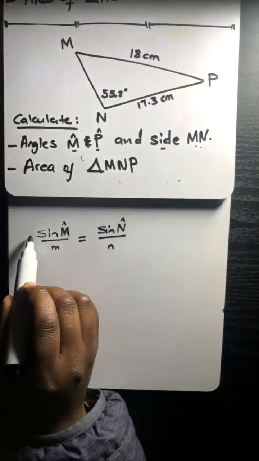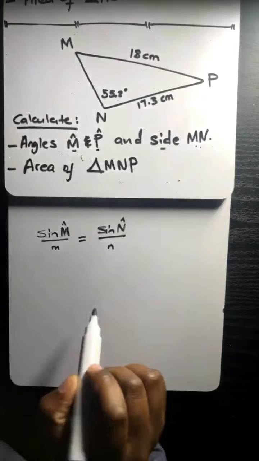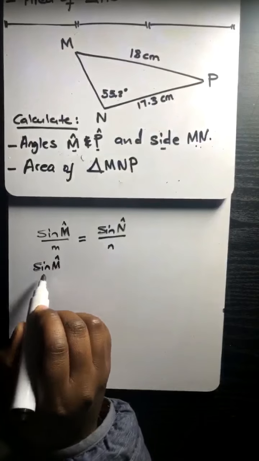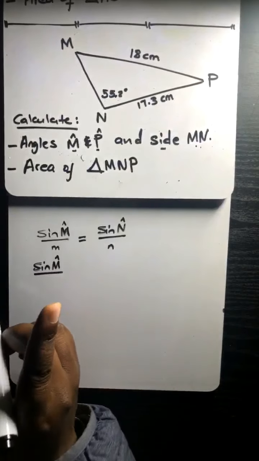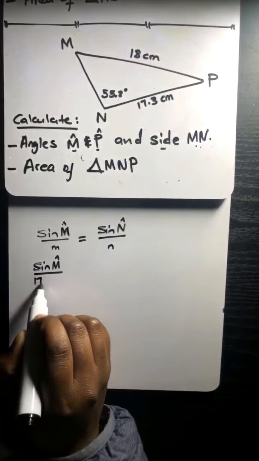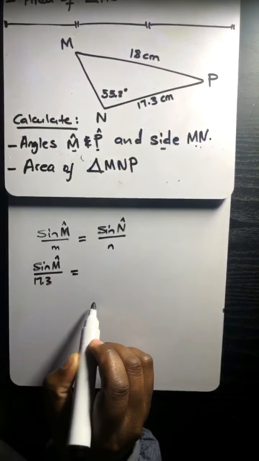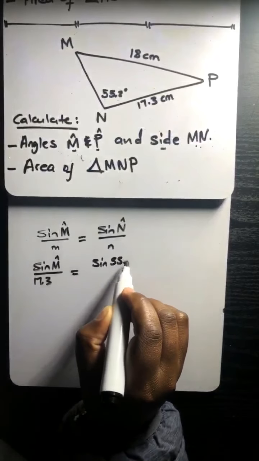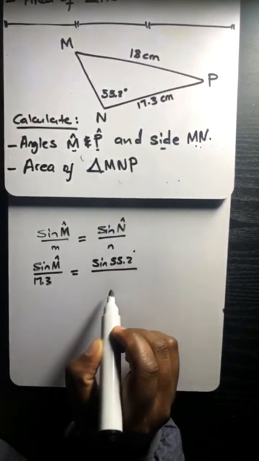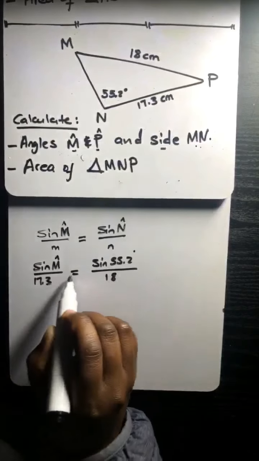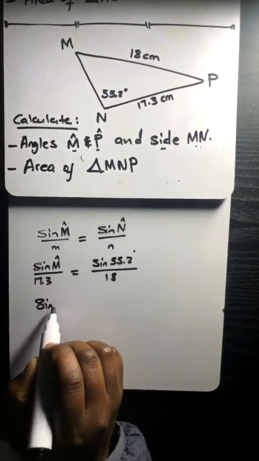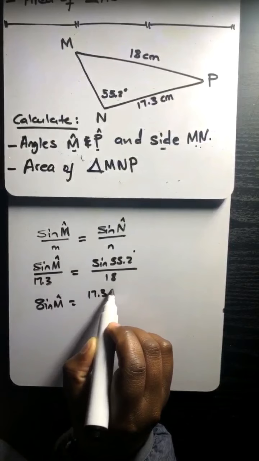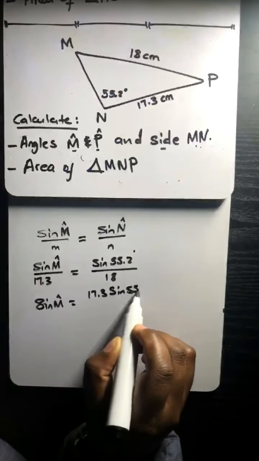So now we've got sine of M over 17.3, as you can see over there, equals sine of N, being the angle, over 18. You just cross multiply, meaning sine of angle M equals 17.3 sine of 55.2 over 18.